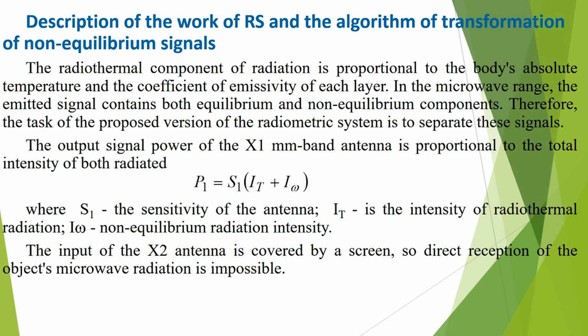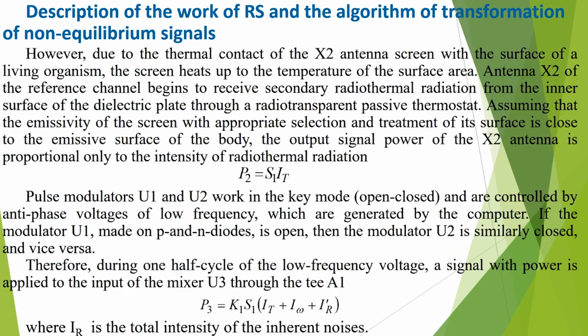The input of the X2 antenna is covered by a screen, so direct reception of the object's microwave radiation is impossible. However, due to the thermal contact of the X2 antenna screen with the surface of the living organism, the screen heats up to the temperature of the surface area.